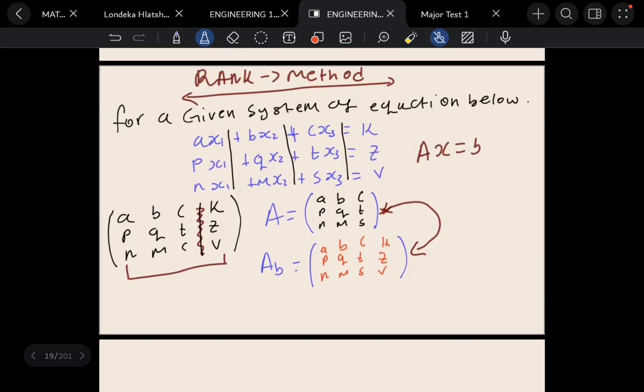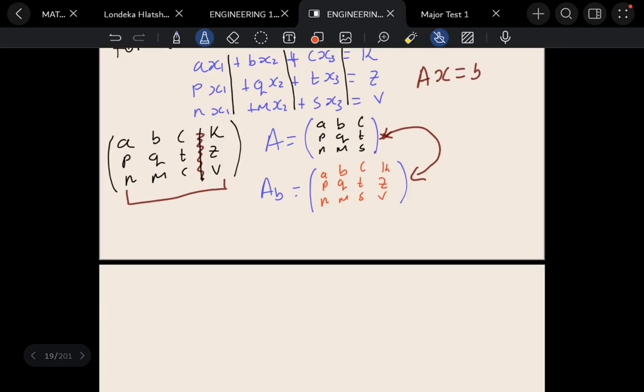Now, how can we say we have a system of equations which has a unique solution, a system of equations that has an infinite solution, or a system of equations that does not exist?